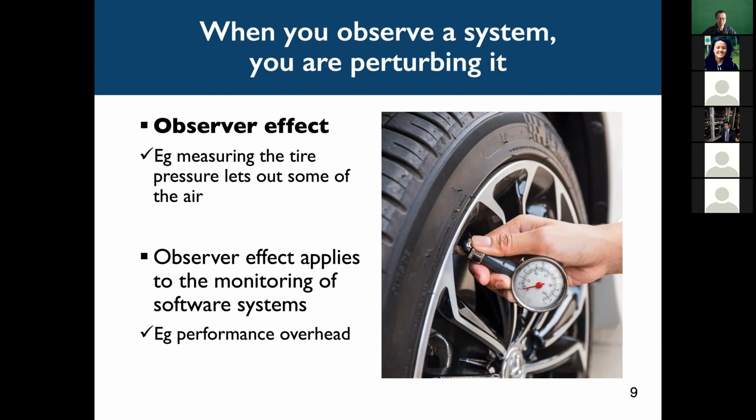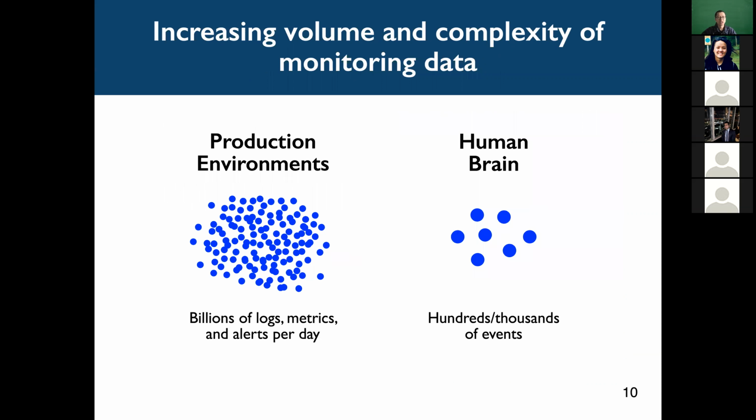Another challenge is the increasing volume and complexity of monitoring data. Nowadays, a large-scale software system produces a very large amount of monitoring data. Typically, it can produce billions of logs, metrics, and alerts every day. In comparison, our human brain currently has a short-term memory of 7 to 9 items.